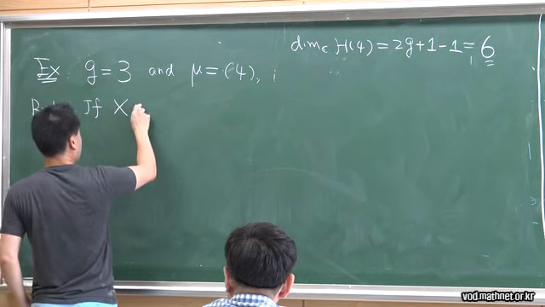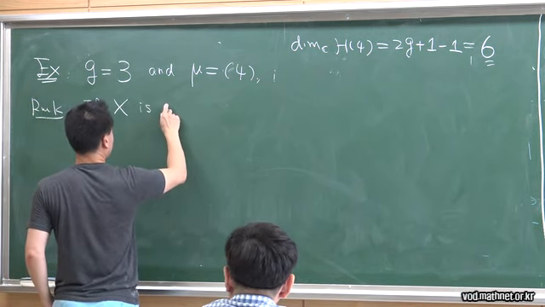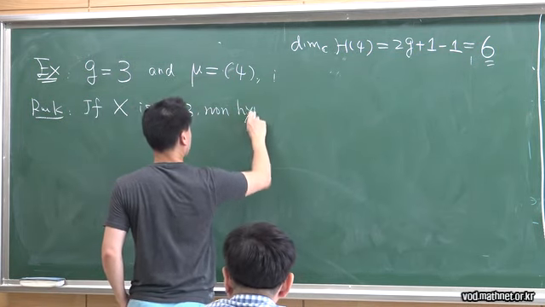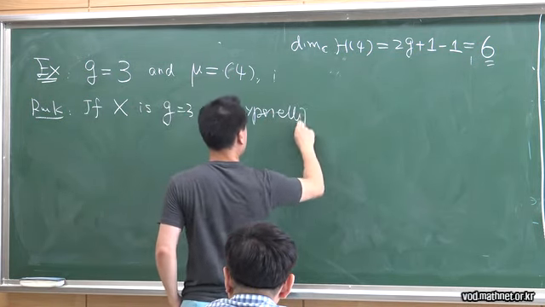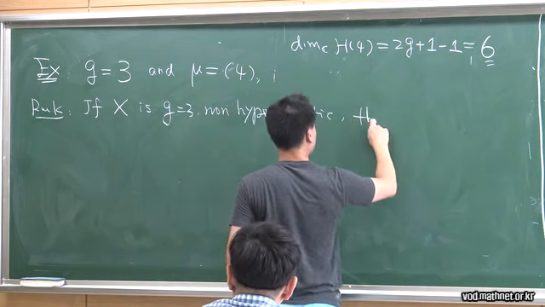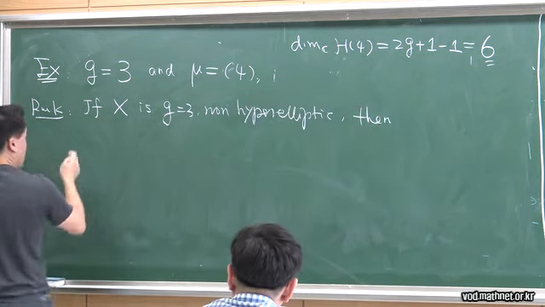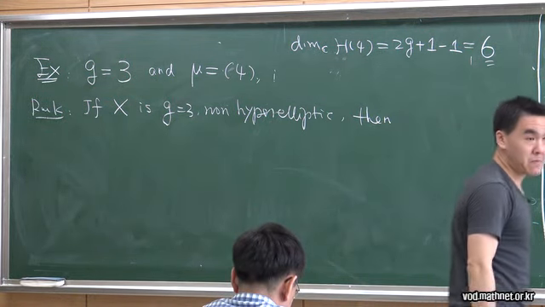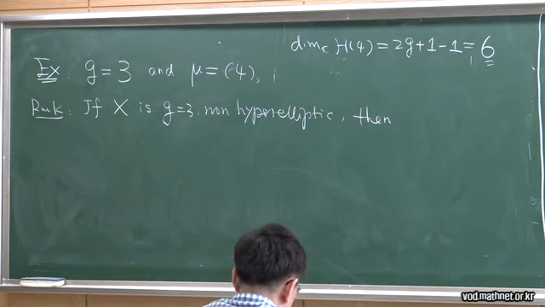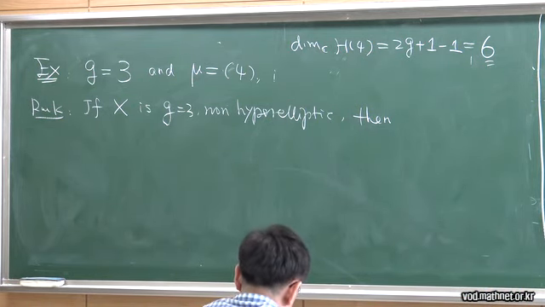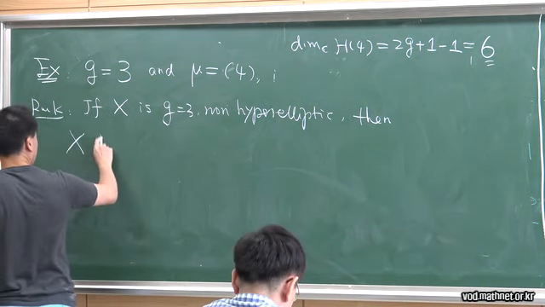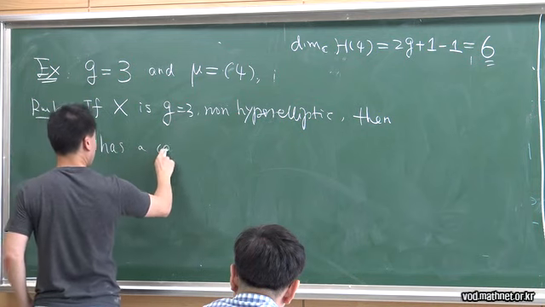Let X be a genus 3, non-hyperelliptic curve. Then the sections of the canonical line bundle of X give you an embedding of the underlying genus 3 curve into P^(g-1), in this case P2. It becomes a plane curve of degree 4. X has a canonical embedding.